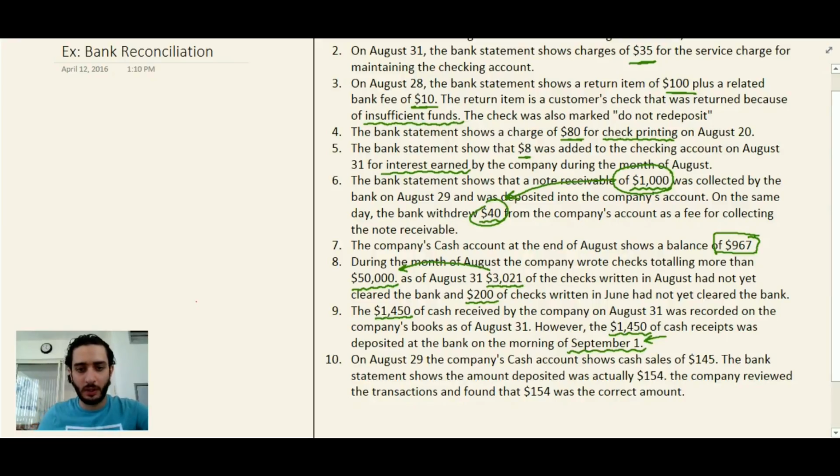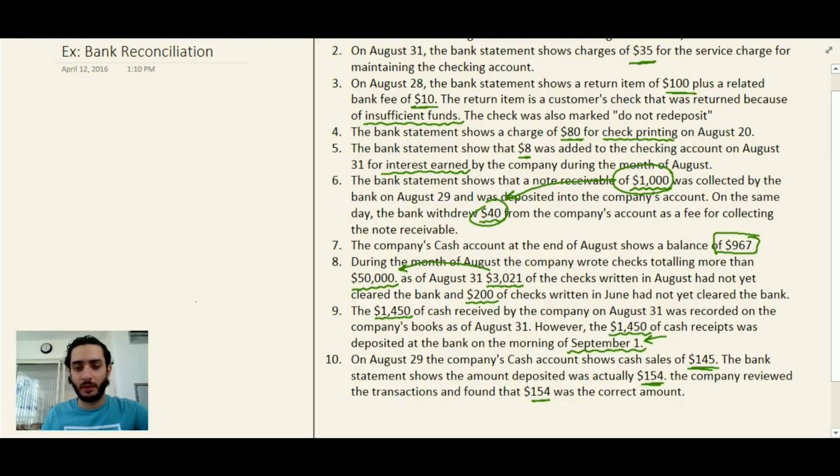On August 29th, the company's cash account shows cash sales of $145. The bank statement shows the amount deposited was actually $154. The company reviewed the transactions and found that $154 was the correct amount. So here is an error, but it is not a bank error, it's a recording error.